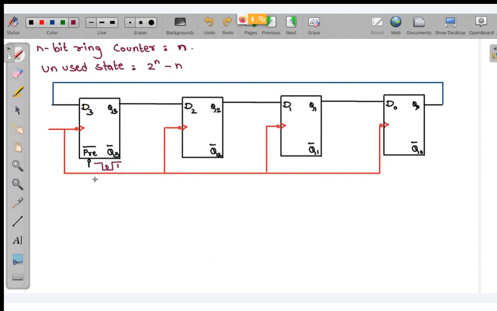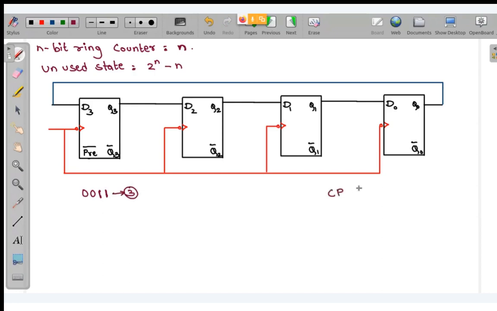I actually used the preset input because I had assumed initially all the flip-flops were 0, 0, 0, that is, they were reset, and I wanted one of them to have a high state. Now we don't need to think about where the initial value came from. Suppose the counter was loaded with this value, which is 3. So what will be the next state?